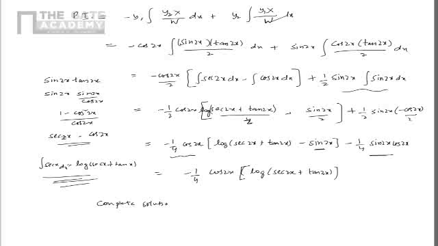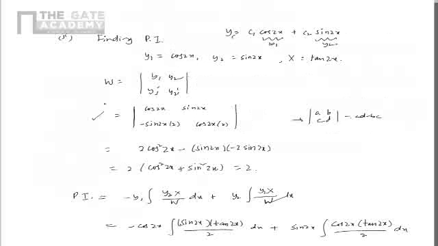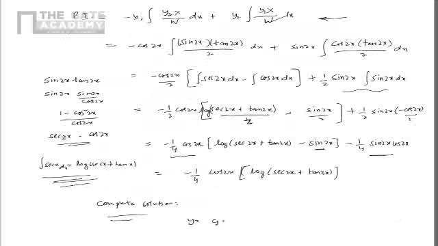So the complete solution, see, it is very simple now. You need not use all the inverse differential approach, because then you have to struggle. Just first get the complementary solution. Once you get the complementary, find y1, y2, and then find w, and then just use this expression. So it all boils down to integration. The complete solution is the complementary function plus the particular integral.